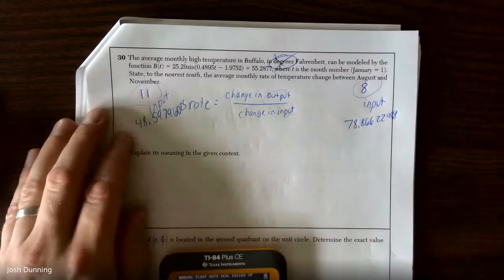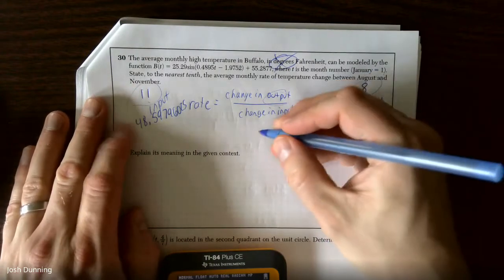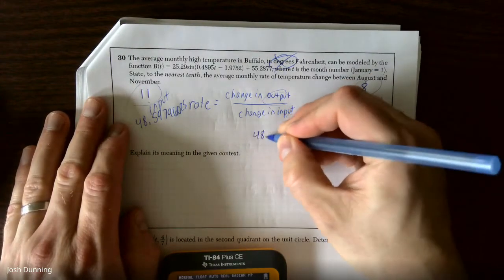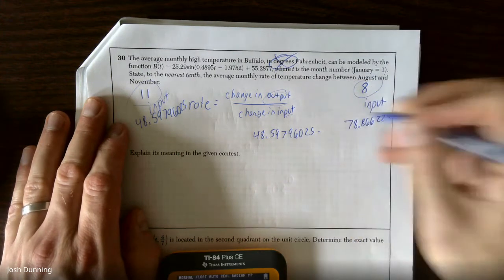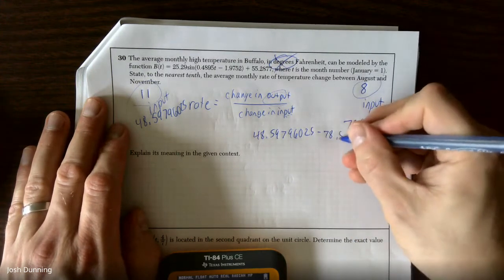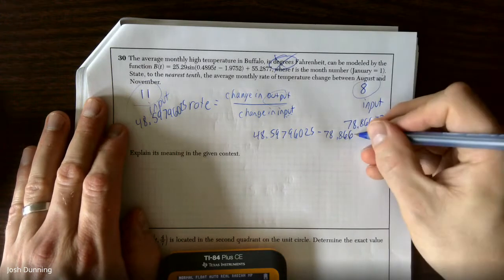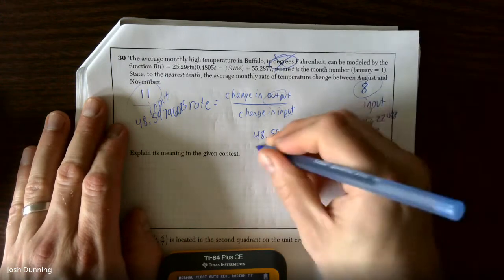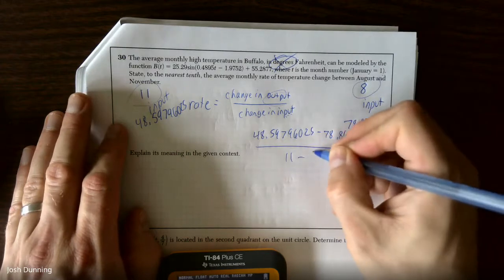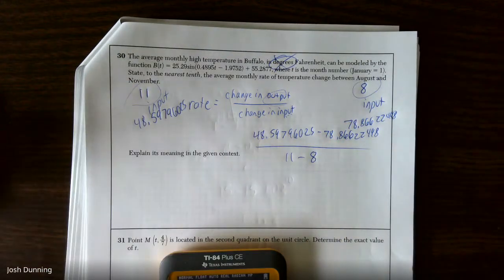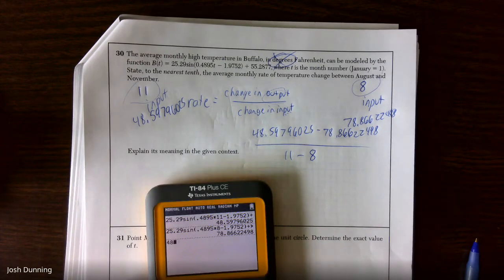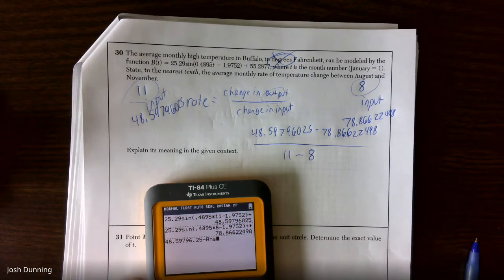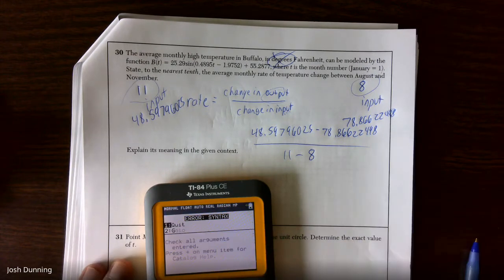Now I'll put this one first, minus that one. Since I put 48 first, I'll put 11 first on top. So 48.59796025 minus the second answer.